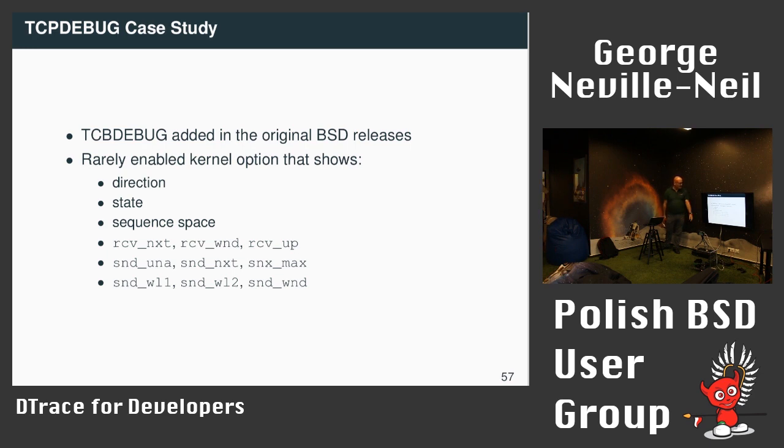It's really a rarely enabled kernel option. It's been there for, not a million years, 500,000 years. And it gives stuff that you'd be interested in if you were trying to debug a TCP connection. It tells you which direction the data was going, what the state of the socket was, what the sequence space looked like, which is important for TCP, and then a bunch of the variables in the TCP stack.